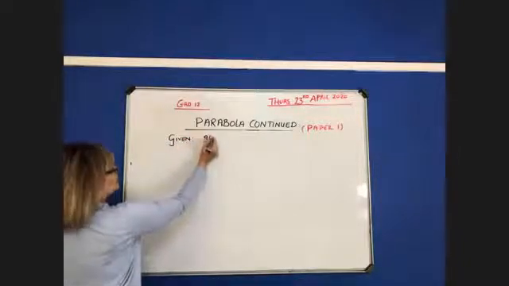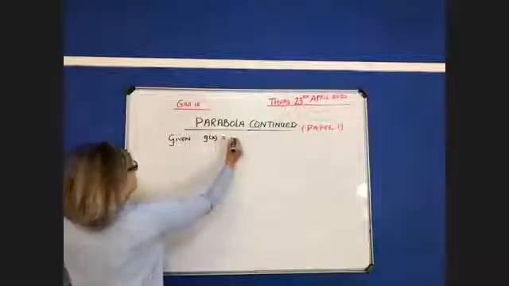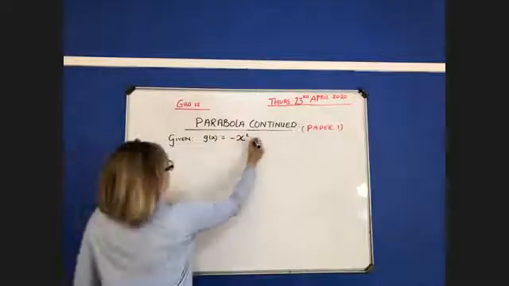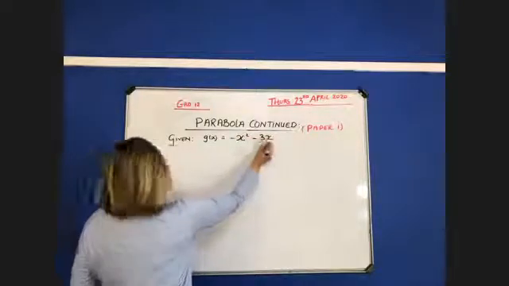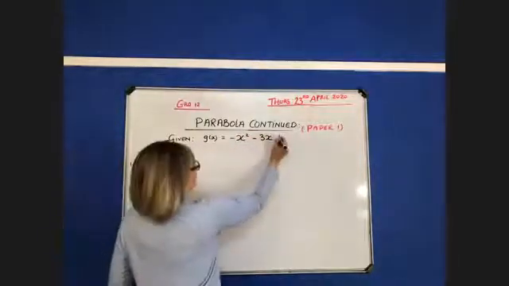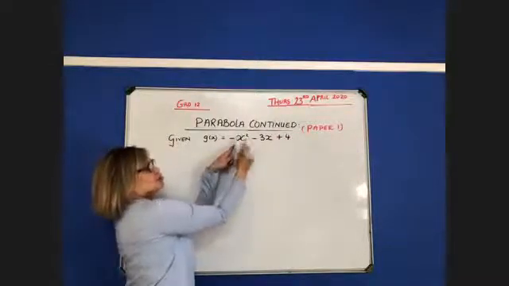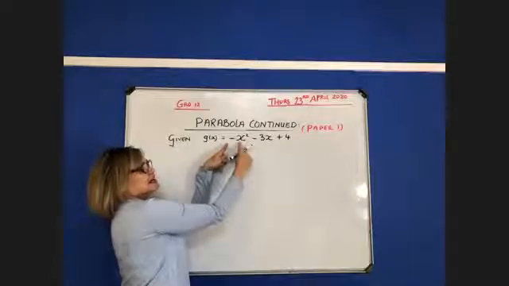I'm sick of f. Its equation is minus x squared minus 3x plus 4. Now, I think that all of you can see the coefficient of your x squared is negative. So we definitely have a sad parabola.